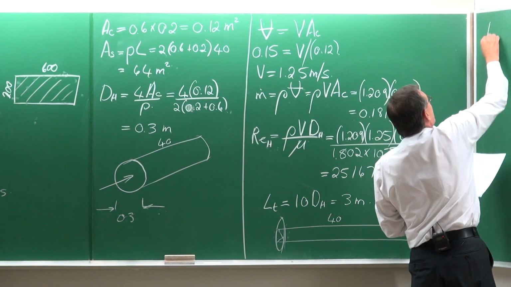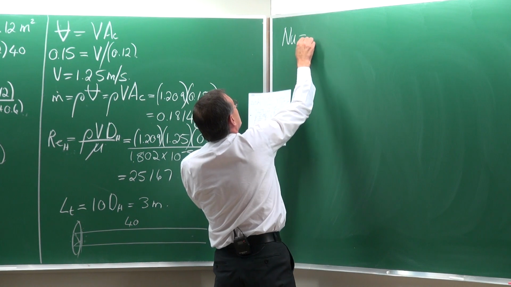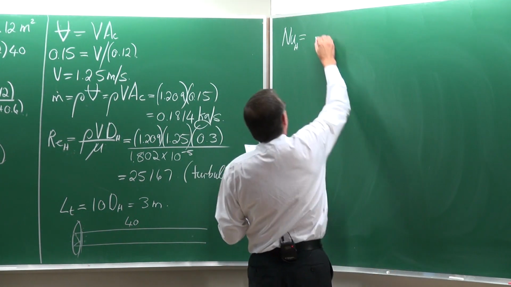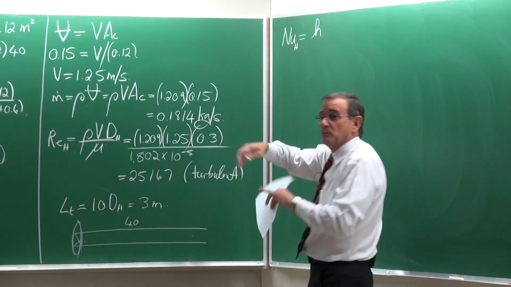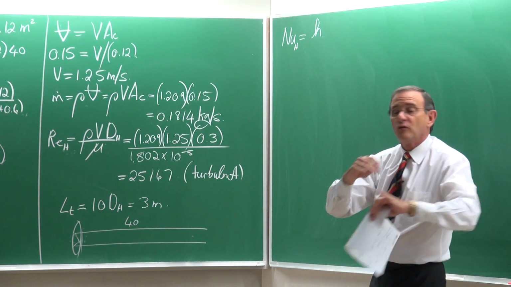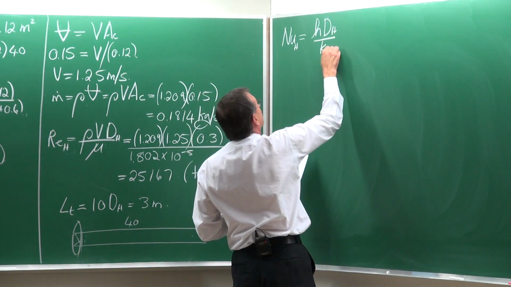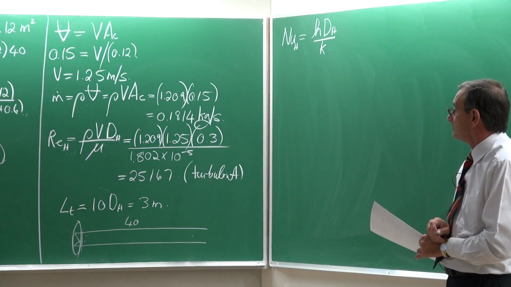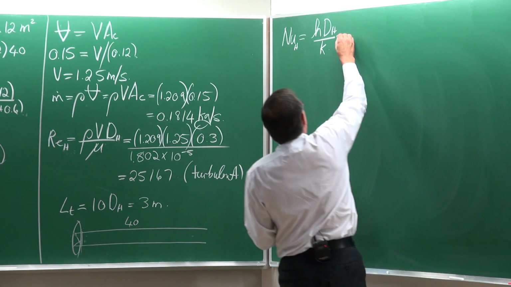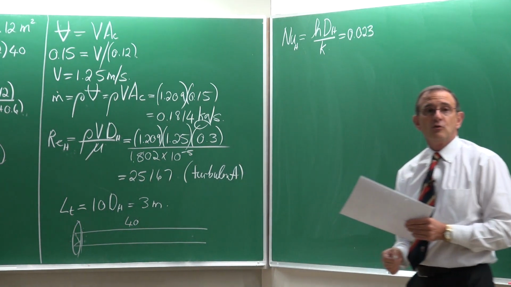Right, now let's calculate the Nusselt number. The Nusselt number, again based on the hydraulic diameter, is equal to the heat transfer coefficient multiplied by the characteristic length, the hydraulic diameter dH, divided by K. And I'm going to use again the Dittus-Boelter equation.